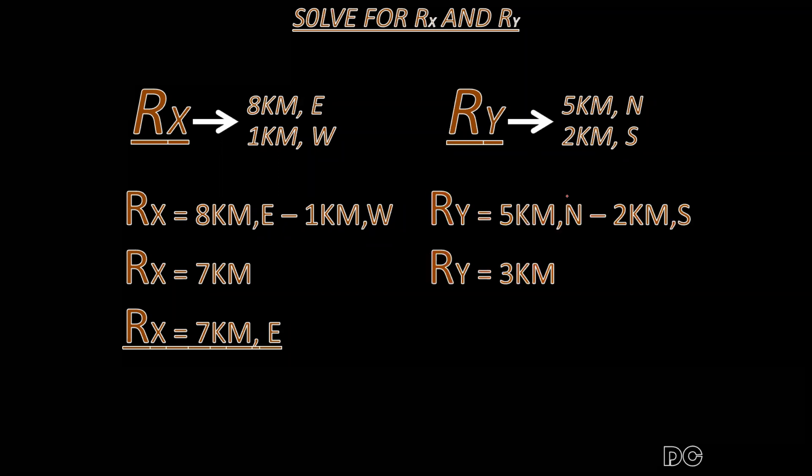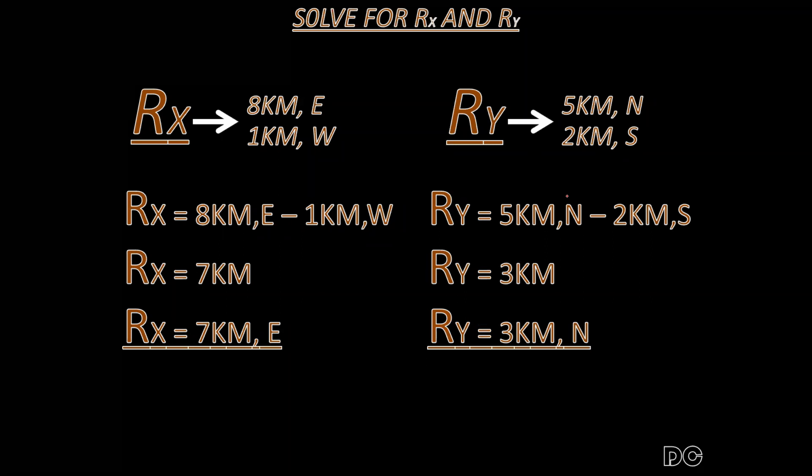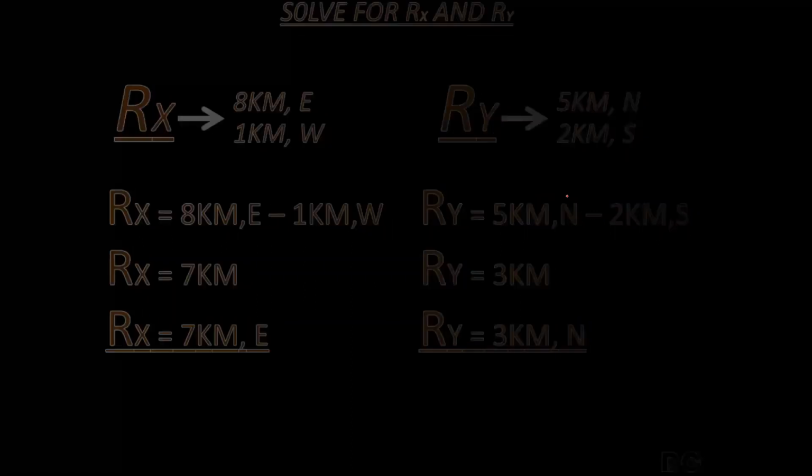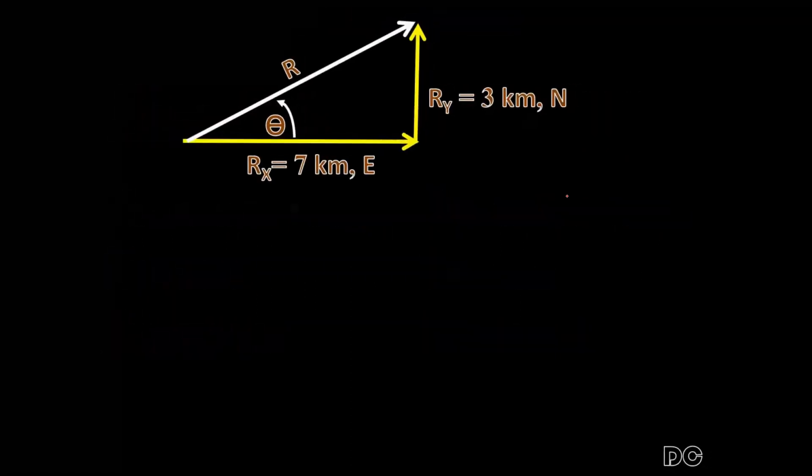After you subtract, it is 3 kilometers. And then follow the direction of the bigger magnitude, which is 5 kilometers. So it is now 3 kilometers north. So now we have our R sub x and R sub y, so we can now solve for our resultant.